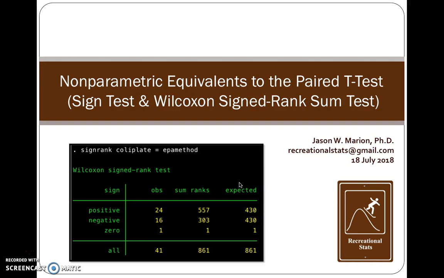With the paired t-test, we usually assume that the data are normally distributed. But what do you do when the data from your two groups that you're comparing are not normally distributed? Again, we can fall back on a nonparametric equivalent.